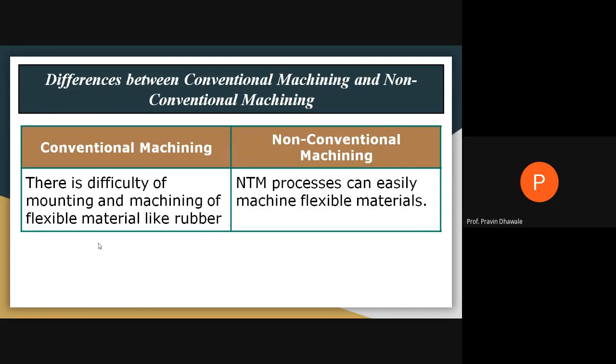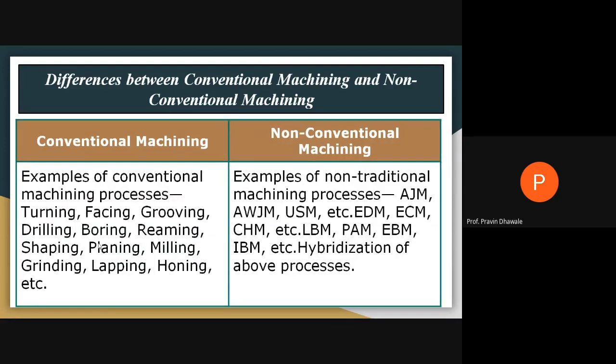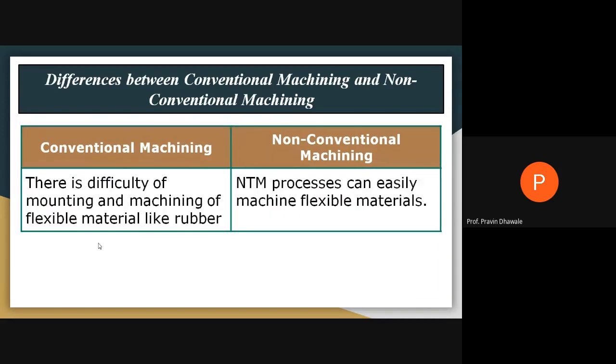Another point, I think that is not covered in the slide, regarding hardness, as well as flexibility. A material which has very high hardness cannot be machined by conventional machining processes like lathe, drilling, boring, or milling.